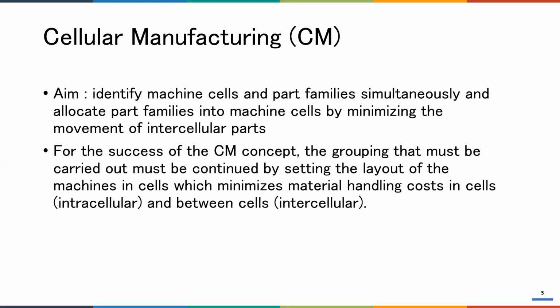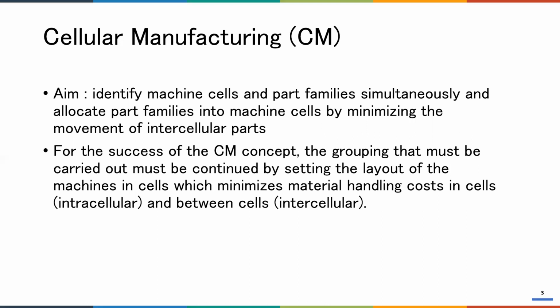And why we do cellular manufacturing is because when we have a variety of products, or maybe the product is one, but there are many parts that we need to make in our facility, then having cellular manufacturing will help us minimize the movement. Why? Because if we use the typical layout, there will be a high possibility of a lot of movement, considering that we have a lot of parts.